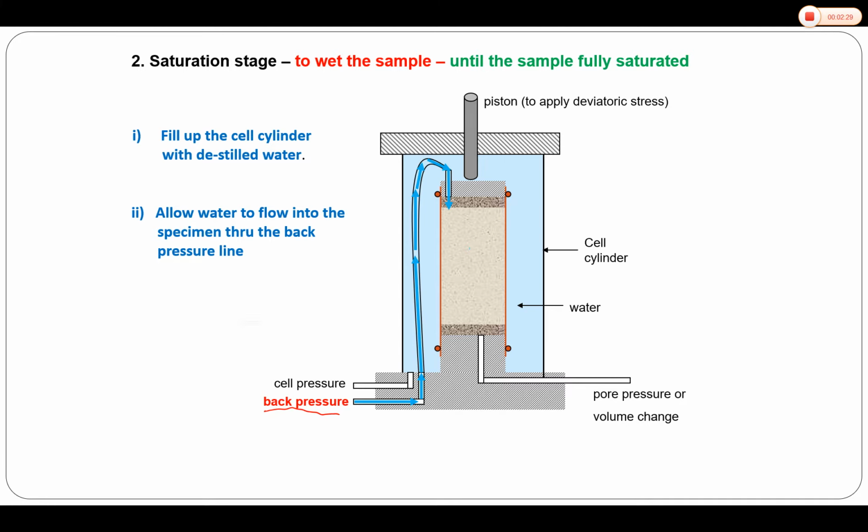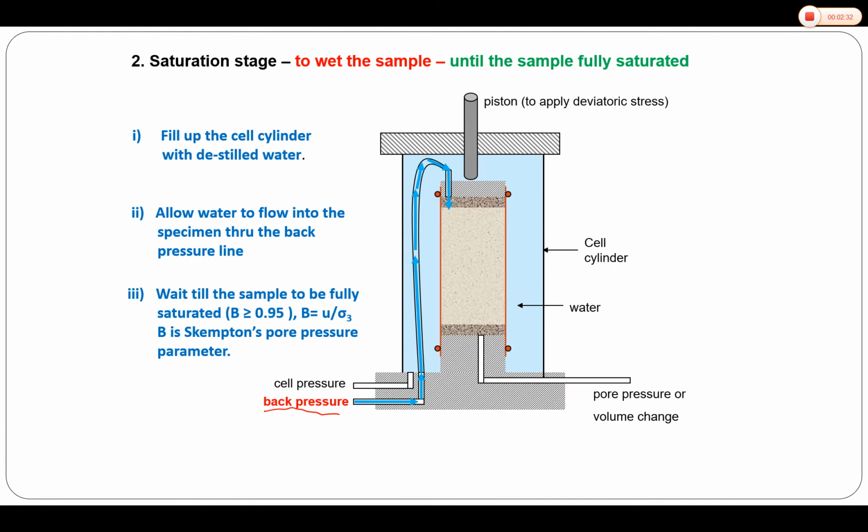Okay, and then how to indicate that the sample dah fully saturated. So we need to wait till the sample is fully saturated with the B value. B is the Skempton pore pressure parameter. So if the B value reading, yang kita monitor through data logger dan juga screen komputer tu, shows that B is equal to or more than 0.95, so we already reach the fully saturation stage, maknanya dah 95% or more.